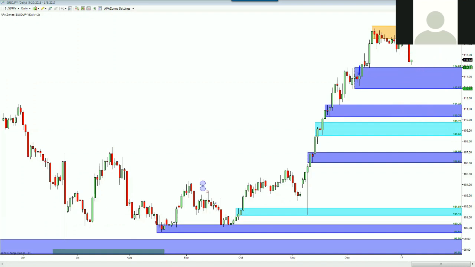So I'm really looking for price to come down this week of all things, not for price to go up in the uptrend, but we know that we're at supply. So I'm looking for the bounce off of supply to hit daily demand, if you will, and then push to the upside.